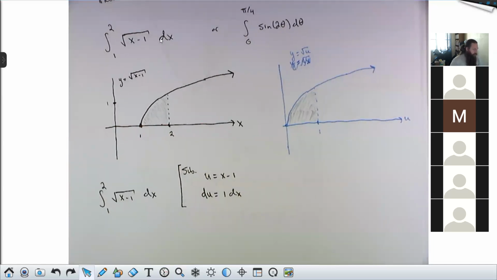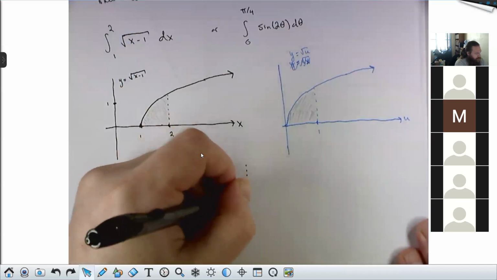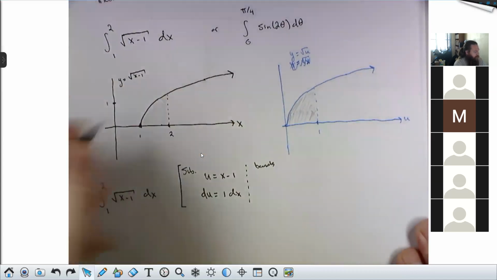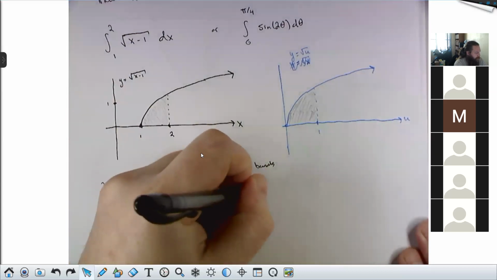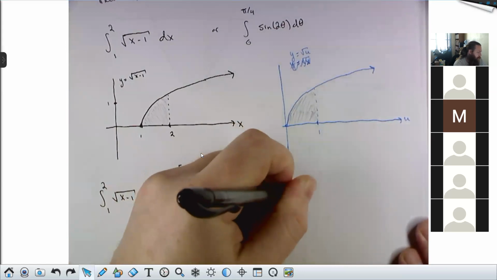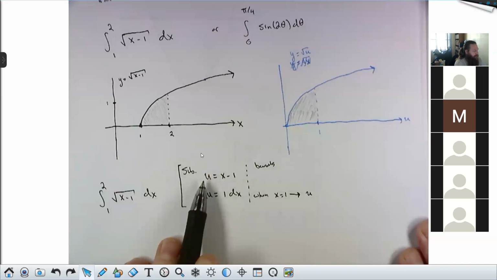The other thing you need to do, since this is what's called a definite integral, remember it's an integral with bounds, anytime you make a substitution in a definite integral, you need to change the bounds. So bounds. When x is equal to 1, u is equal to 0, right?